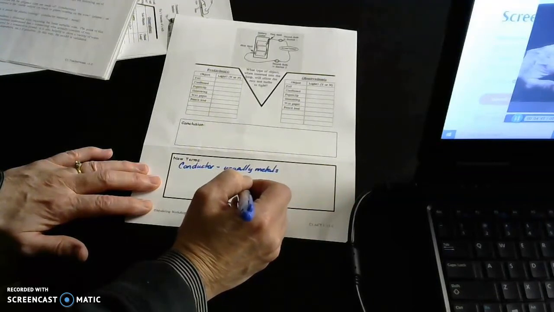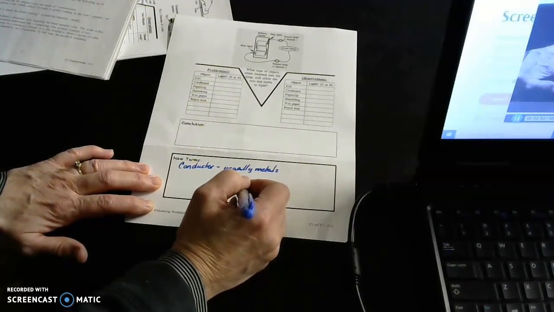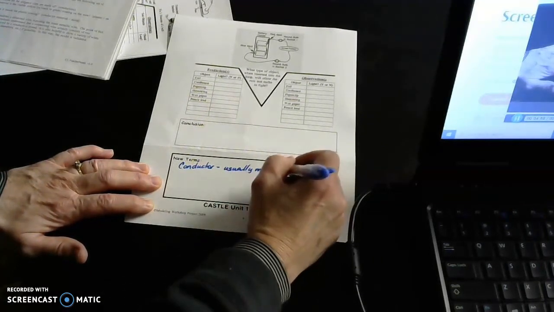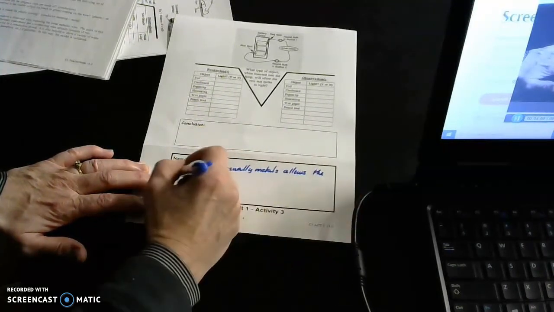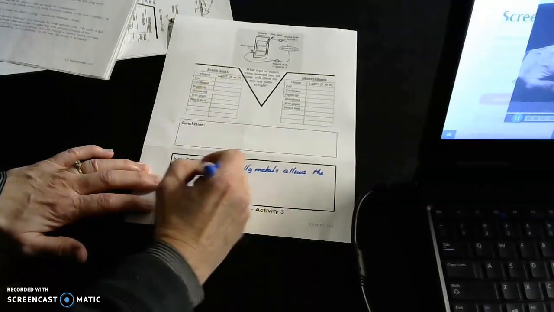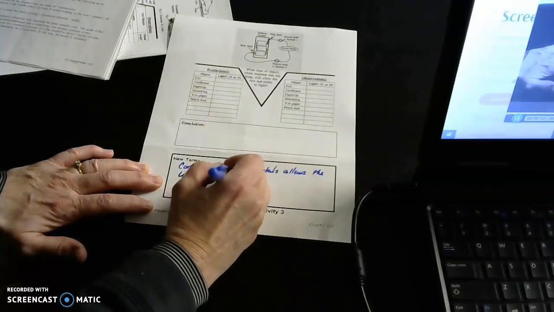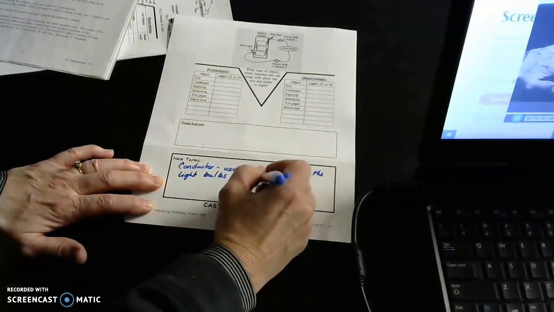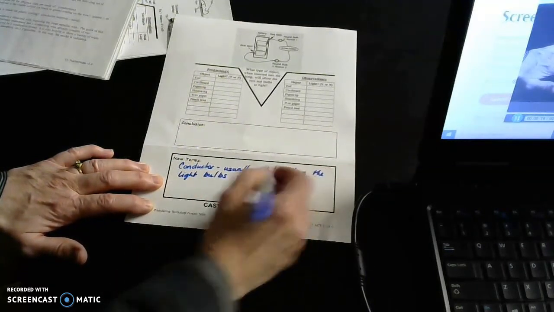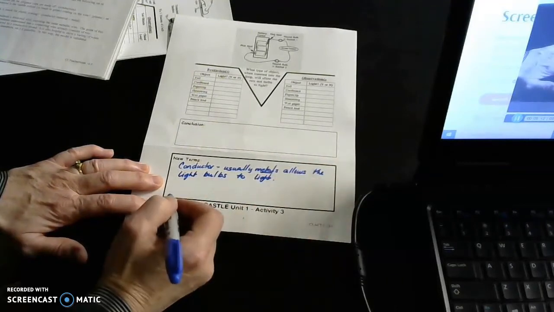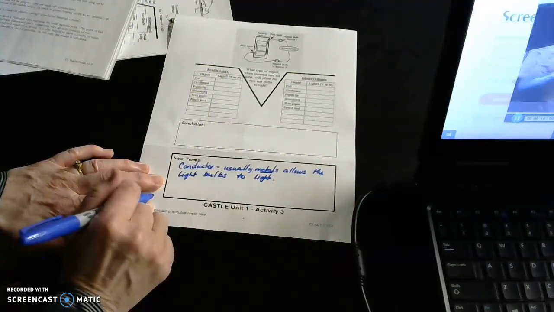An example would have been pencil lead, which is not made out of a metal. It's made out of a non-metal, and it does allow things to light. So in other words, this allows the light bulbs to light. Okay, usually they are metals, but there's some things that aren't metals that allow it.